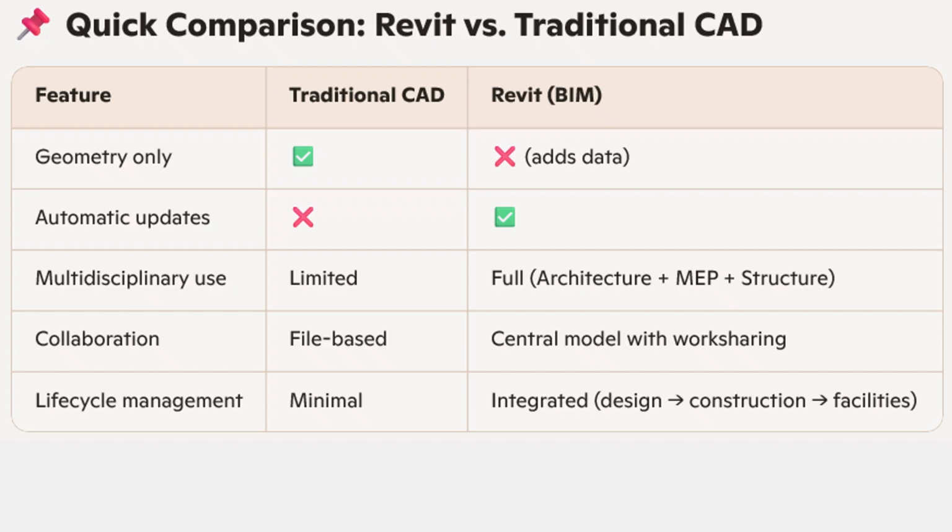Revit supports the entire building lifecycle, from design to construction to facilities management, delivering long-term value through a digital twin. This slide is about evolution, showing how Revit moves us from static drafting to dynamic modeling, from isolated files to integrated workflows, and from short-term drawings to long-term building intelligence.